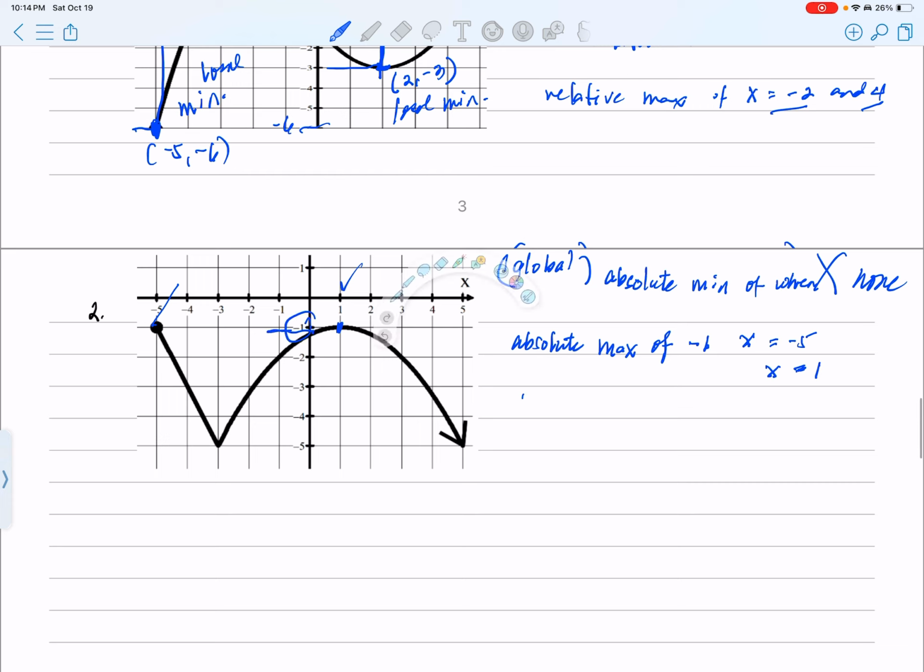So I could mark here as the absolute maximum, or global. This is also global maximum. Okay, relative minimum or local.